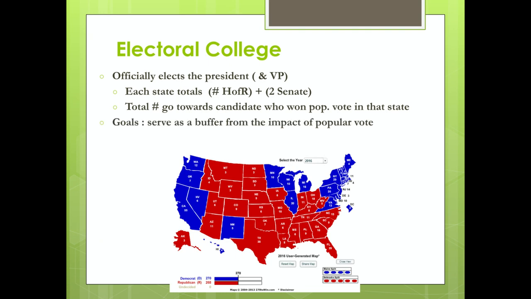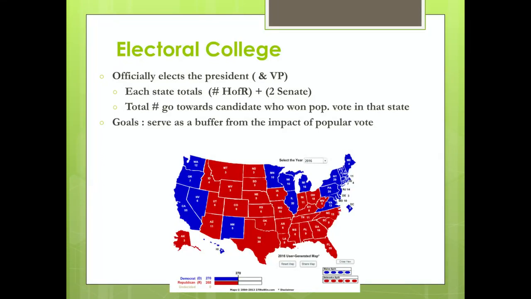The reason why the Electoral College was put into place was to serve as a buffer from the impact of the popular vote. And of course, this argument is being addressed even to this day. Some people even want to get rid of the Electoral College. Some people argue for the Electoral College.